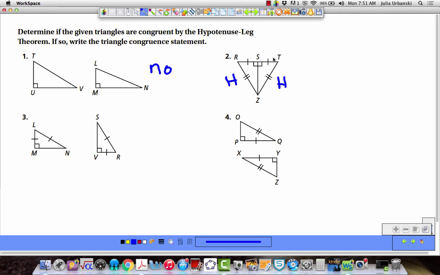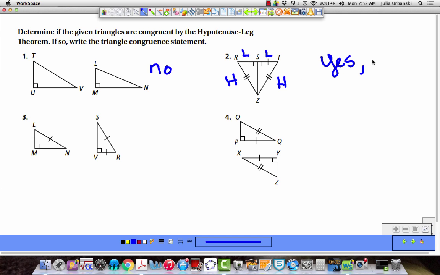The only time you use L, okay, so hypotenuse and leg. But it only works if you have one that matches on each of the triangles. You have a reflexive piece here, but it's unnecessary. You could say side, side, side, but this one works.